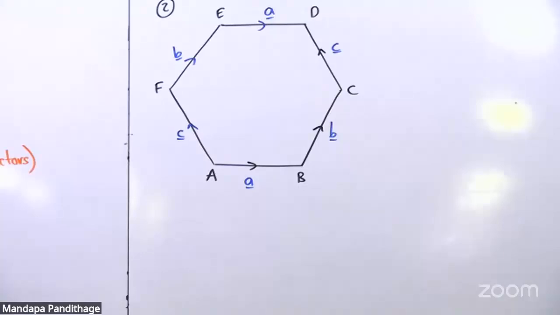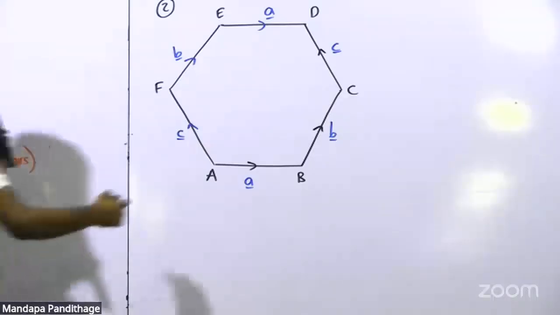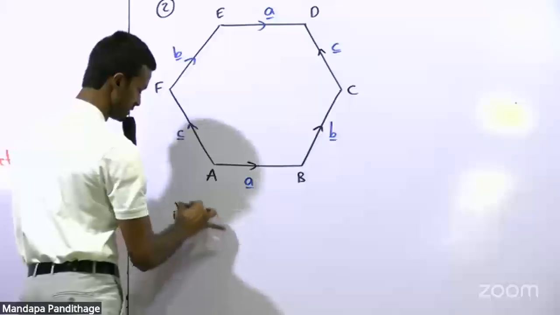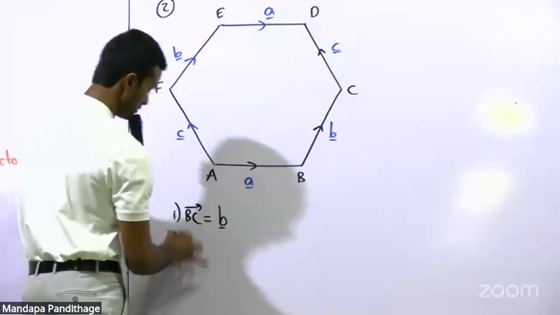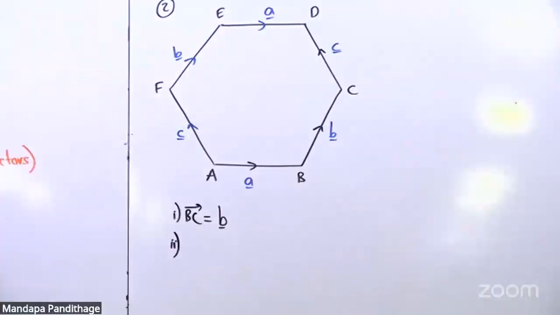The first one is BC. Of course it can't be asked, since they have given BC as data, but I'll just write it. The second one is CD, which you can also just find.